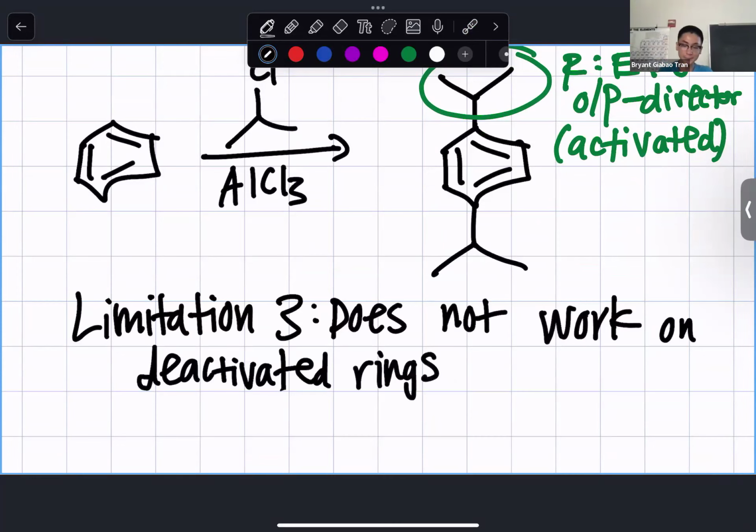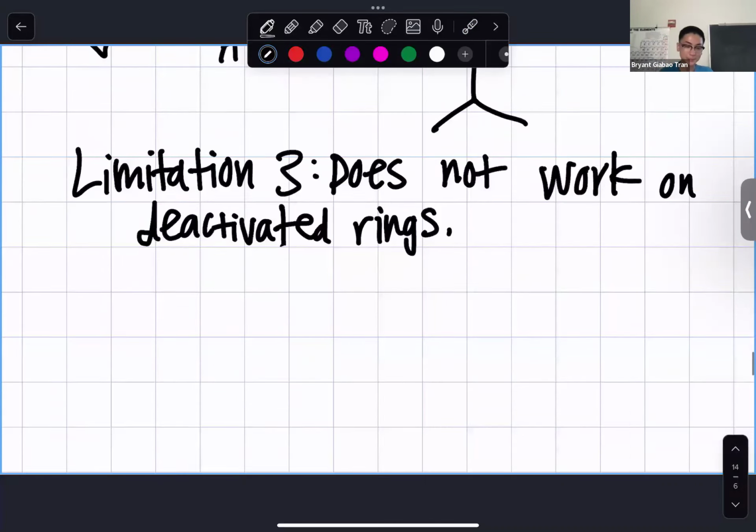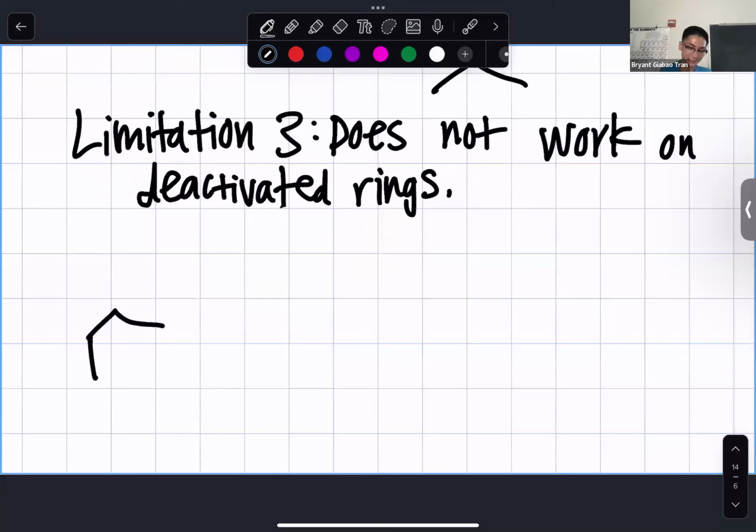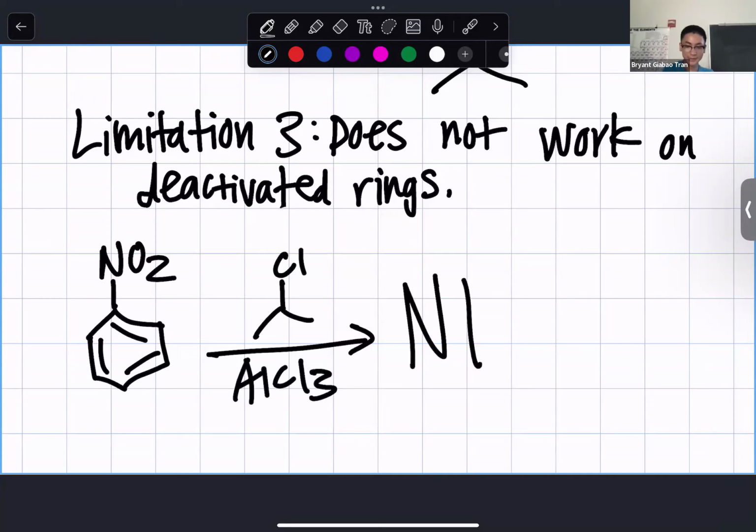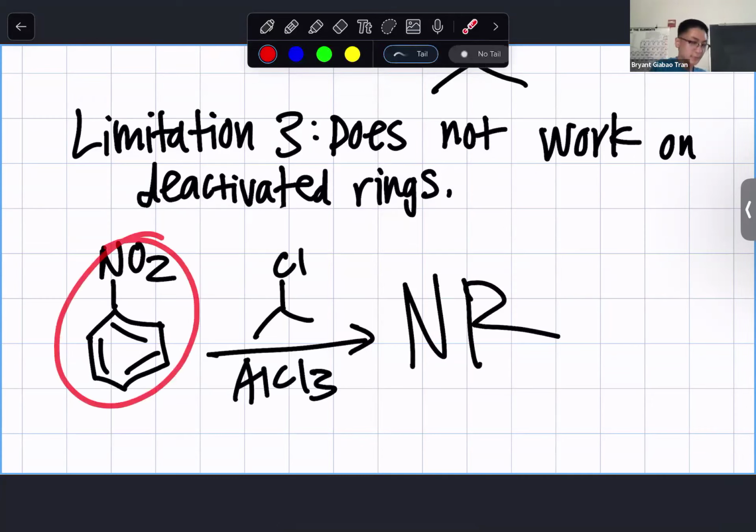Like what type of groups are on the benzene ring? Meta directors, right? EWGs. So let's say we had an NO2 group there, and we try to do Friedel-Crafts acylation. No reaction, right? Because this benzene ring here is too deactivated for this reaction to happen.